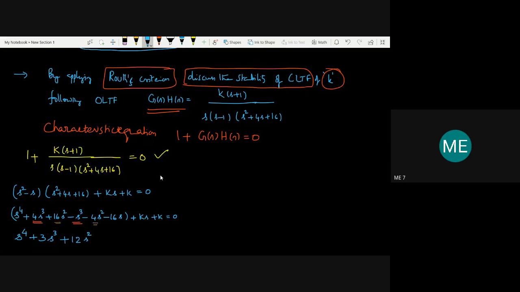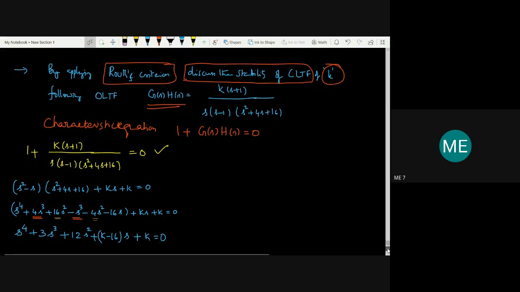Then the s terms: we have minus 16s and plus ks, so I can write plus k minus 16 into s. Then the constant term is plus k equal to 0. So this is the characteristic equation we have got after the simplification.